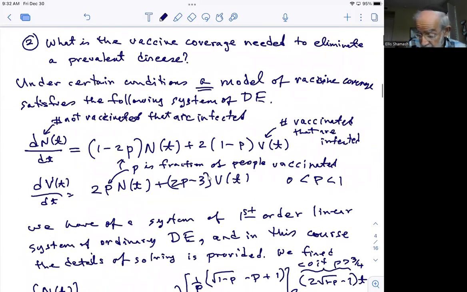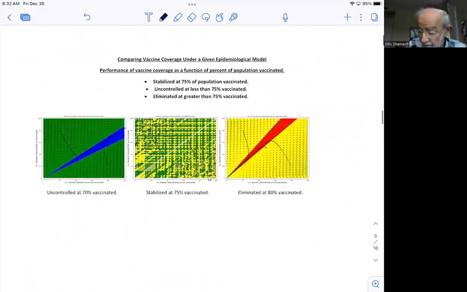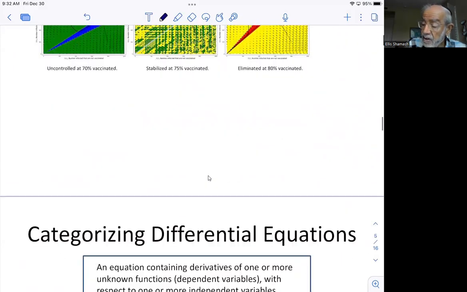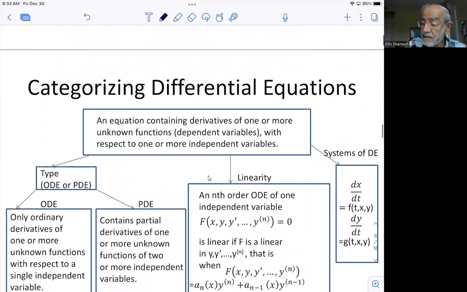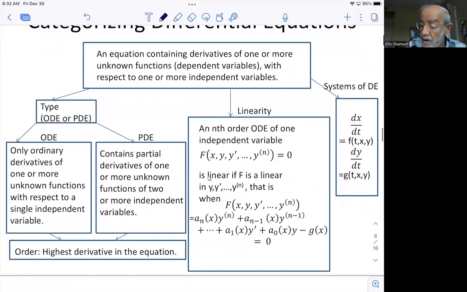And we can get a system of differential equations for a number of different applications, of which we only did one here. Hopefully that motivates us to look at what we're going to talk about: the different types of differential equations, the ordinary differential equation or the partial differential equation.